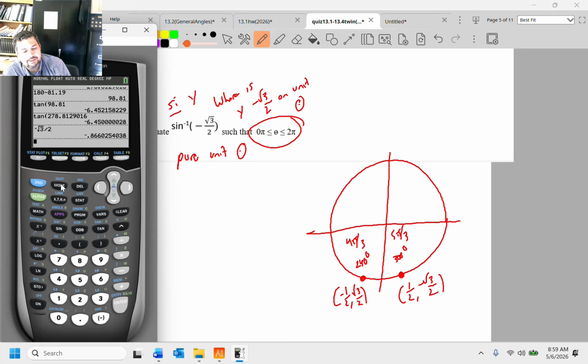All right, let's put my calculator in radian mode. The sine of 4 pi over 3 is that decimal, and the sine of 5 pi over 3 is also that decimal.